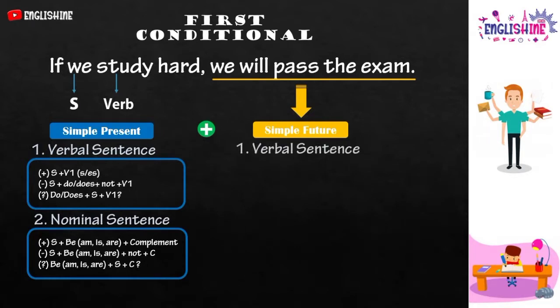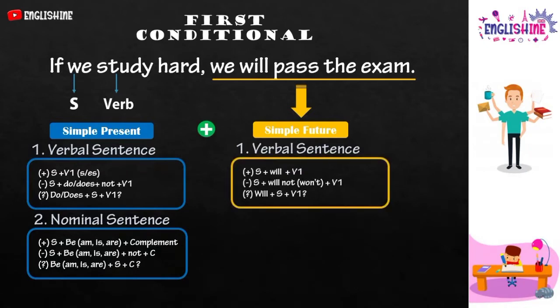First is verbal sentence. Here are the formulations how to make it. There are positive using will plus verb 1, negative using will not or won't plus verb 1, and interrogative using will in front of the sentence.